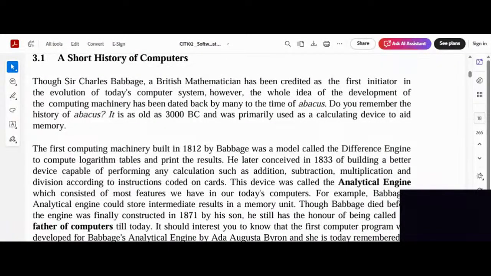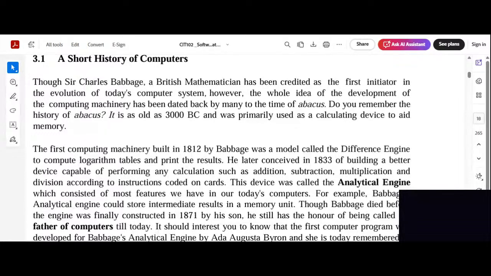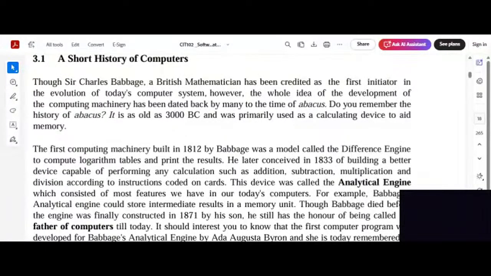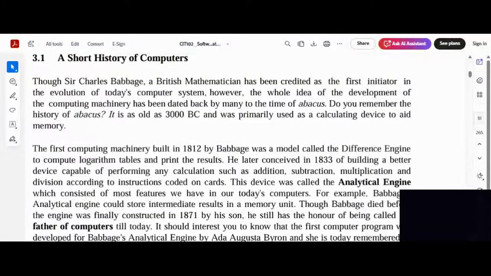But he decided, about 21 years later after he came up with that difference engine, having been working all along on a big invention, he began to think, why don't we look for another machine that will be able to do more than just solving logarithms and printing results?